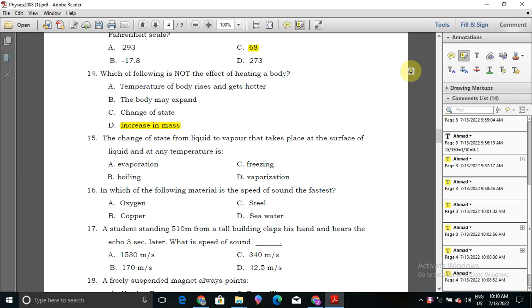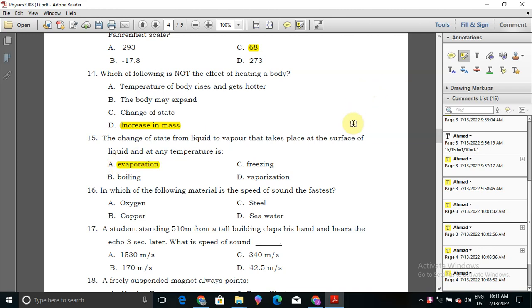Why not boiling, freezing, or vaporization? Because boiling takes the state from liquid to gas, freezing is liquid to solid, and vaporization is gas to solid. So the correct answer is evaporation, choice A.